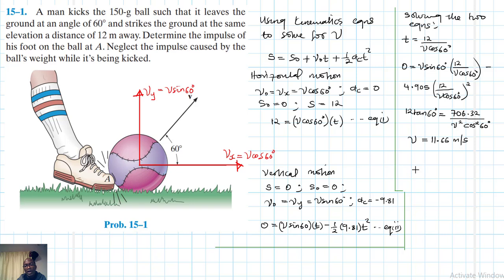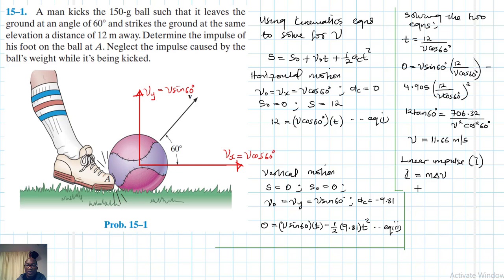All right, so once we have this, let's now find the impulse. So we know that our impulse, the linear impulse I, is just equal to m change in velocity.